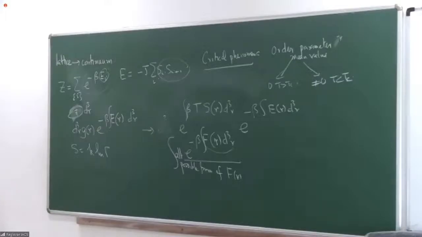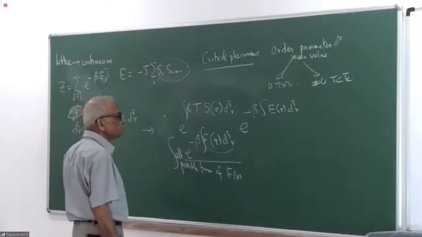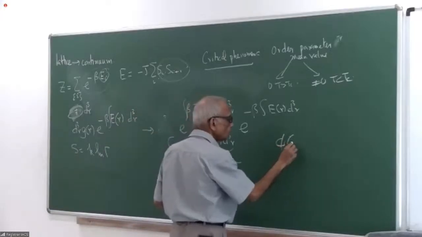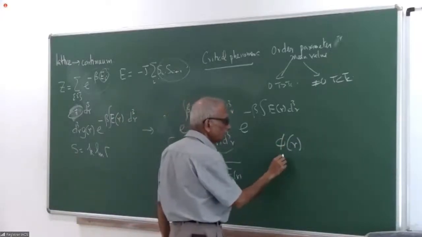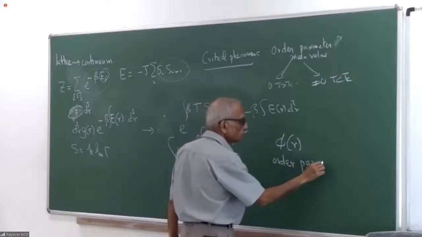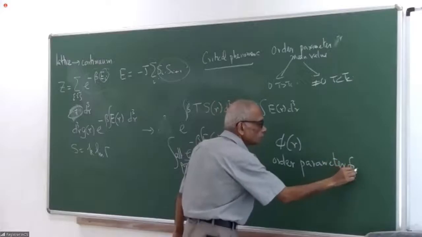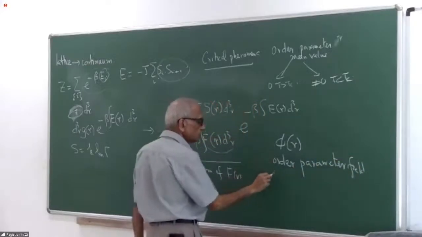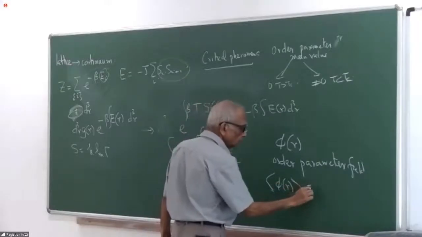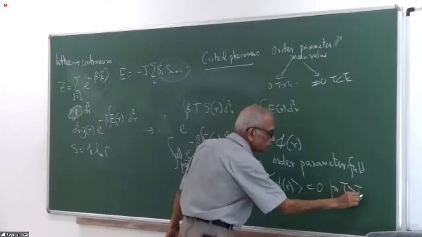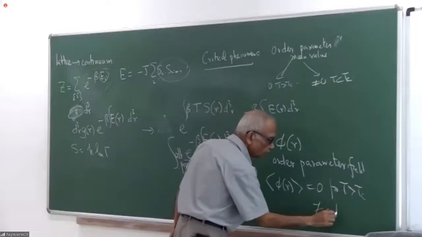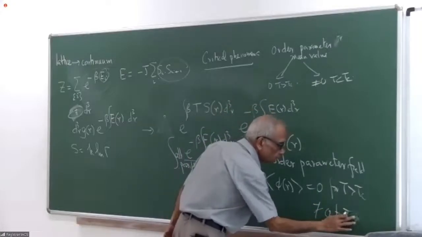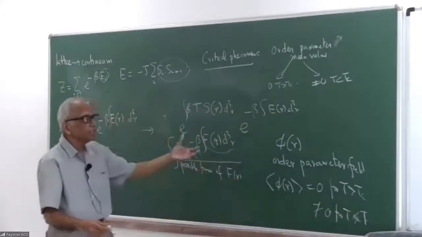The fluctuations about the expectation value are what we are going to be concerned with. And it is the phi of r, which is the order parameter variable, the order parameter field. This order parameter field has a zero expectation value for T greater than Tc and non-zero for T less than Tc. Because of this, I can do an expansion.